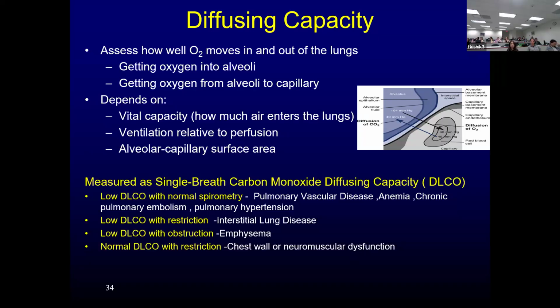Carbon monoxide is very good at passing through the lungs into the blood vessel. So you give the patient a little 0.001% of carbon monoxide mixed with air. They inhale it and hold their breath and exhale out. We collect the exhaled gas. So we can measure the carbon monoxide concentration in the inhaled gas and the exhaled gas.